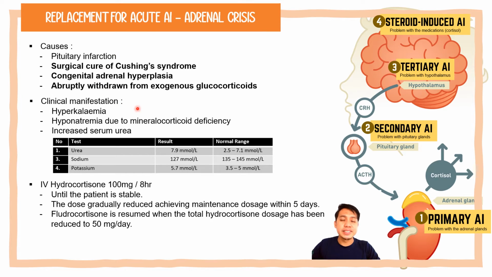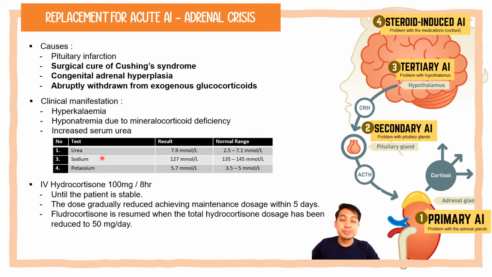This adrenal crisis can be detected by clinical laboratory data, in which the patient will develop hyperkalemia, or too much potassium in the plasma. Besides that, the patient can also have hyponatremia, which is a lowered sodium level in the plasma.